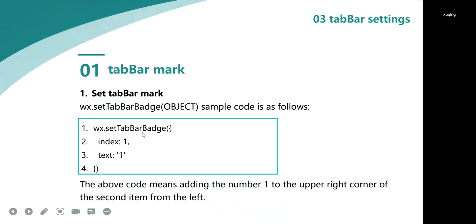Index is counted from 0. That's why we say it's the second item from the left. And this text means we add the number 1 onto the upper right corner. If we write 99 here, that means we add the number 99 to the upper right corner. It can be the first, second, or third, etc. item from the left. Here is this signification.